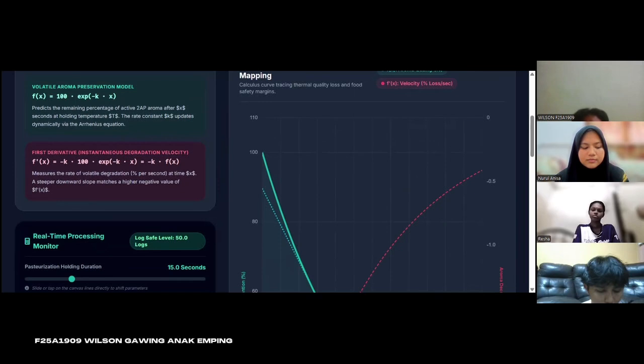We must meet the stringent 5-log pathogen reduction limits to eliminate bacteria like E. coli, but we do so without causing thermal burnout. By calculating the activation energy, we can mathematically identify the ideal high temperature short time segments that maximize aroma while ensuring the product is 100% safe for consumption.